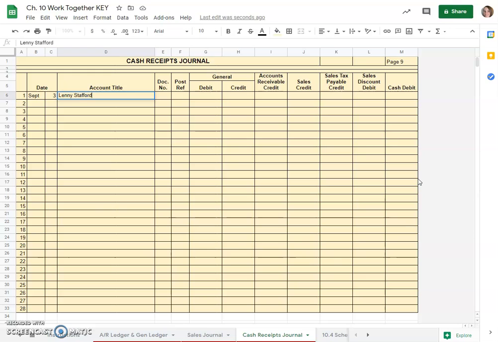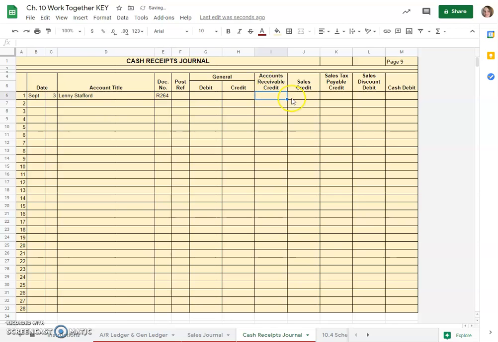And covering Sales Journal 216, and he paid $2,189.36 less a 2% discount, and that was receipt number 264. So that receipt number goes here, R264, and this would be an accounts receivable credit.